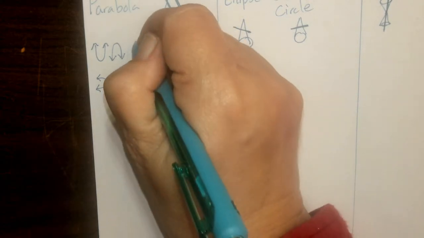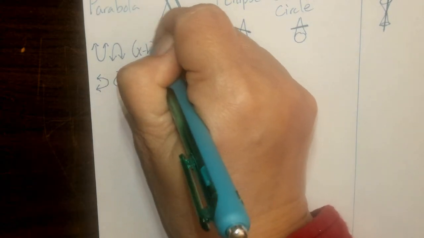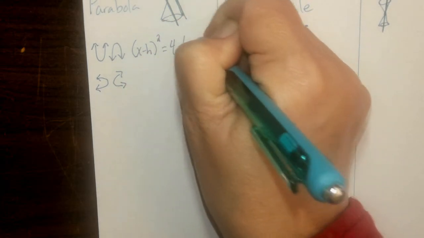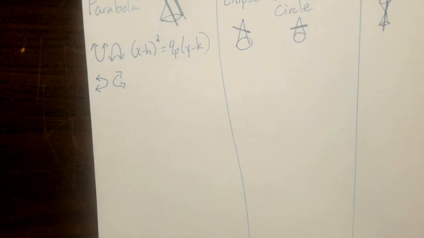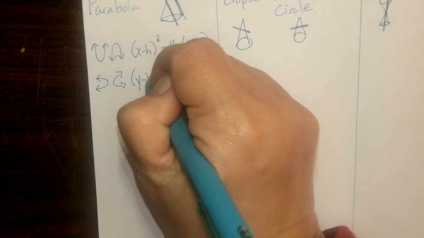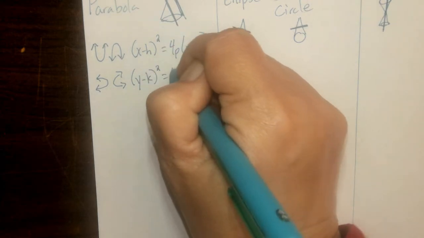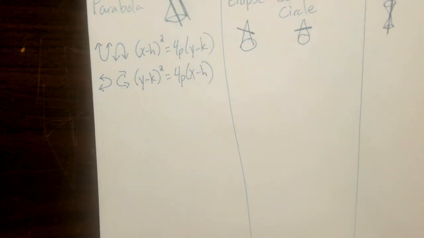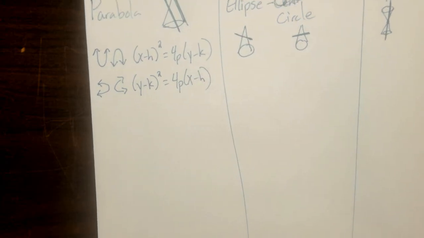So it's going to be like this: x minus h squared equals 4p times y minus k. And if it opens to the side, the y is going to be squared. So it's going to be y minus k squared equals 4p times x minus h. (h, k) is our vertex.